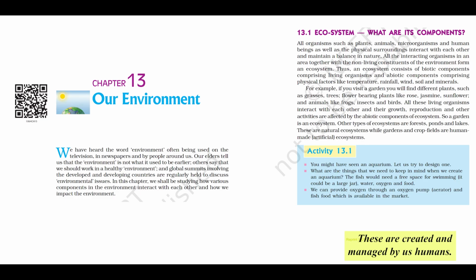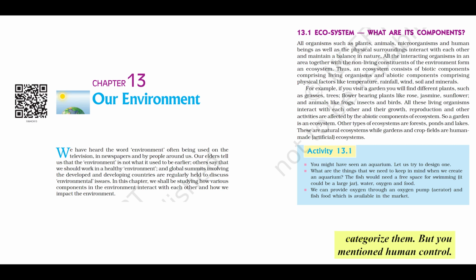These are created and managed by us, humans. Like the garden example, or crop fields. Exactly. A big rice paddy in Punjab, or a wheat field in UP, classic examples. We choose the plants, manage the water, add fertilizers. We control it for a purpose, usually for food. So essentially, an ecosystem is like a mini world where everything, living or non-living, is connected.